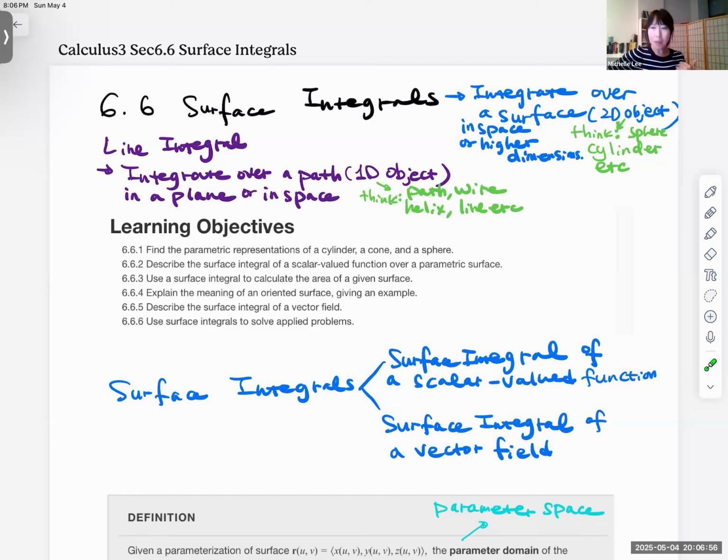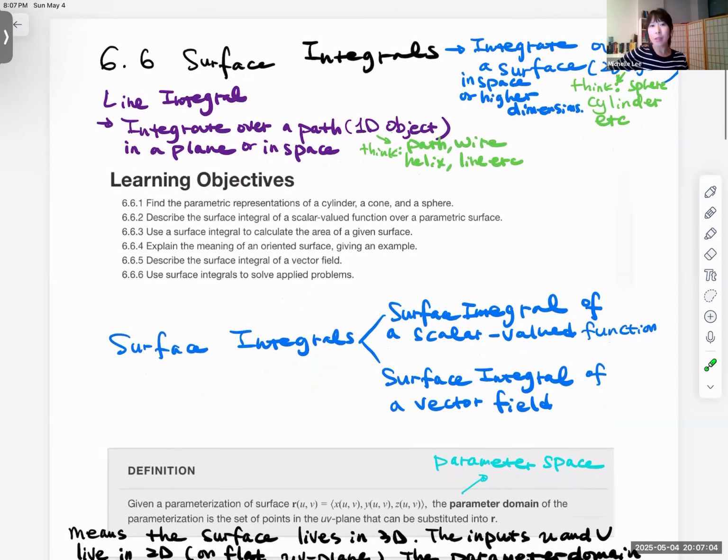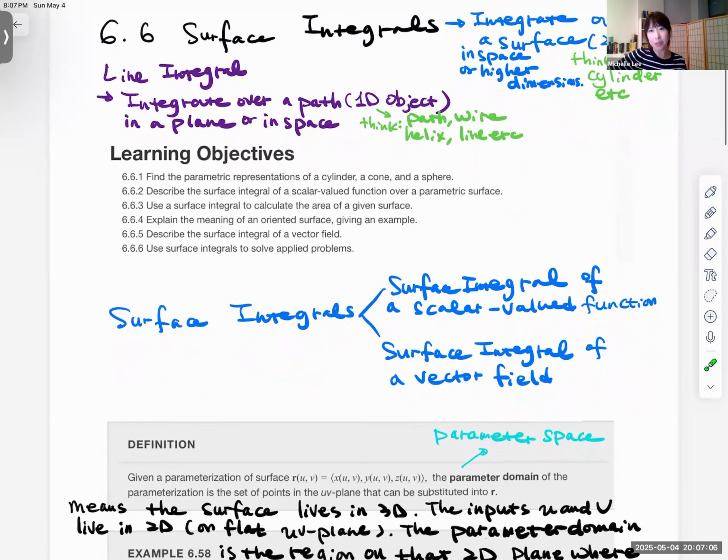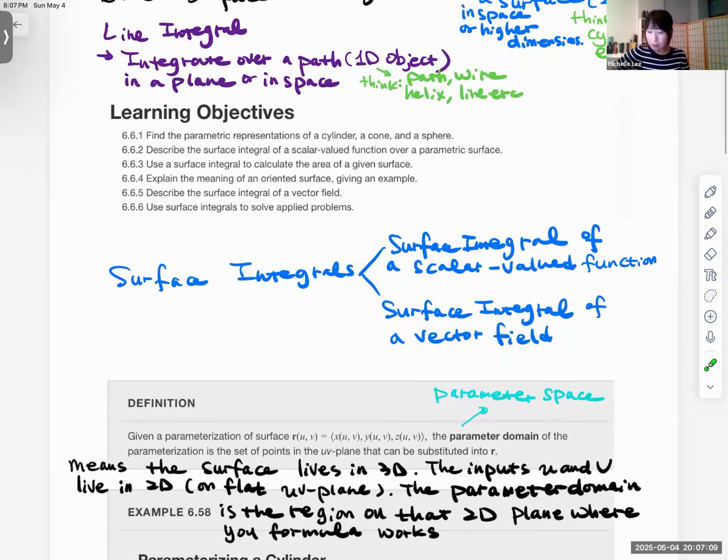Make sense? I'm going to show you a picture later on too. There are two kinds of surface integrals: one is for a scalar-valued function, the other is for a vector field.